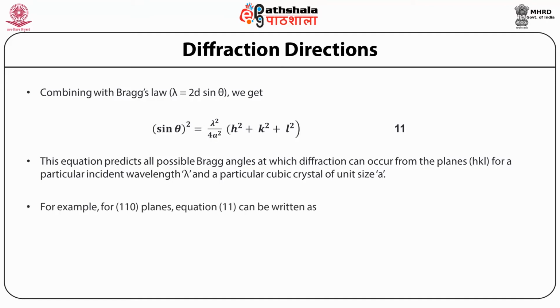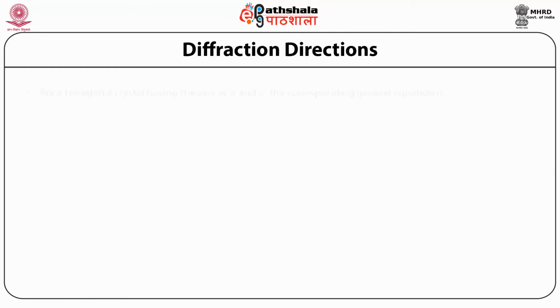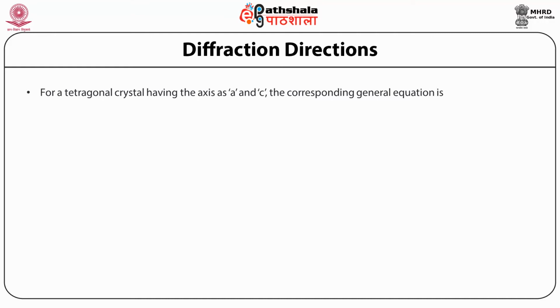For example, for 110 planes, the above equation can be written as sine square theta equals lambda square divided by 2a square. Here we have substituted the values of h, k and l to be 1, 1 and 0.